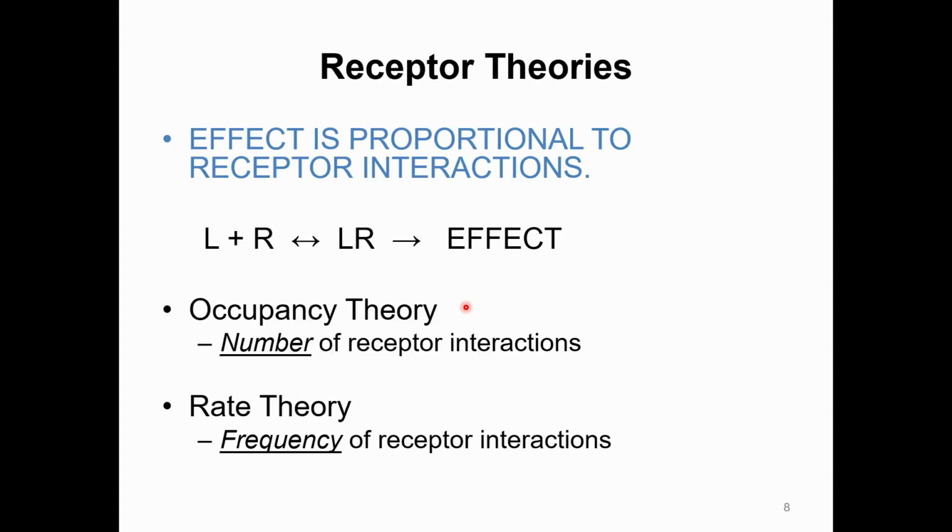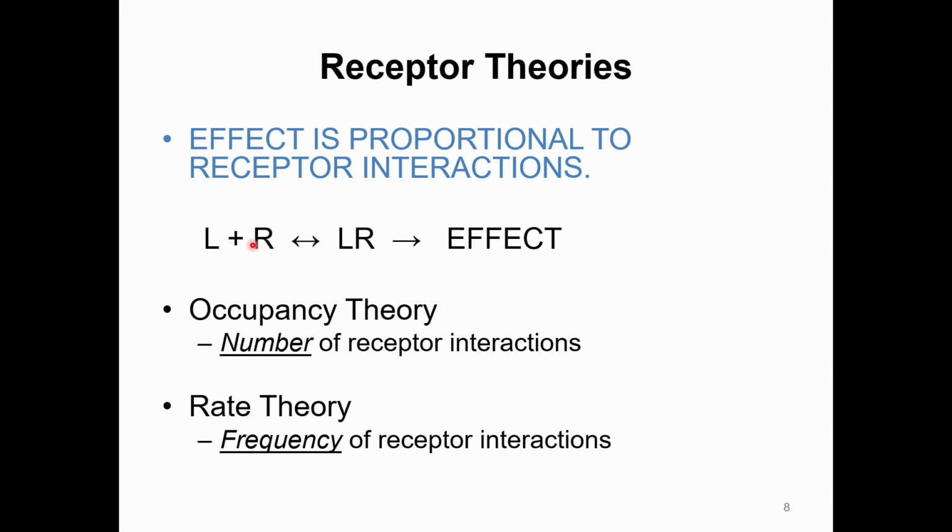And they aren't too complex, but we can start to think about this in different terms. So once again, the core principle is the effect is going to be proportional to the receptor interactions in some way, right? And so, if we think about it just like a simple equation, here we have a ligand unbound to a receptor.